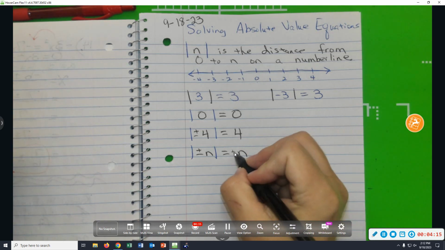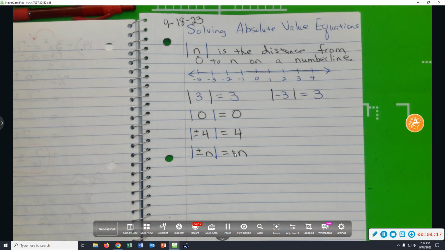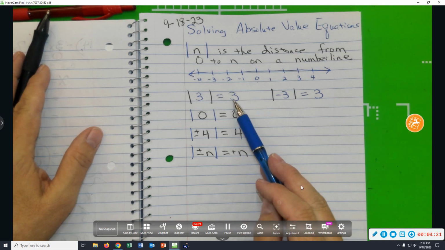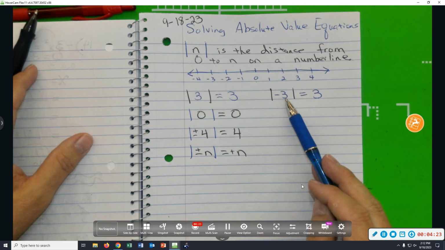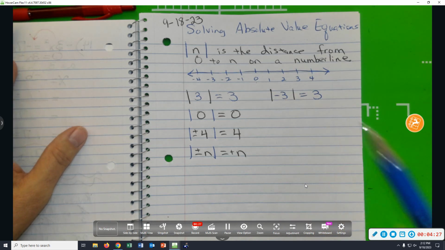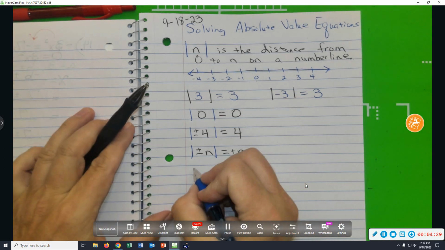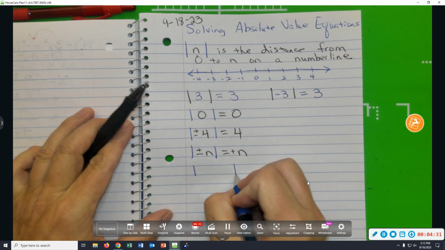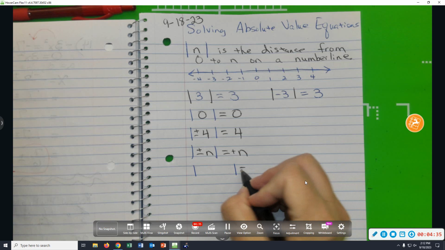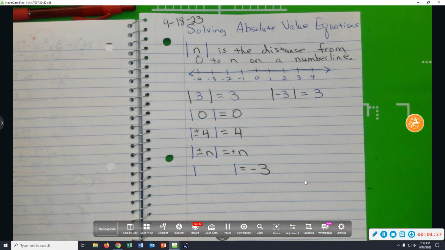Here's my question. If we take the absolute value of 3, we get a positive 3. If we take the absolute value of -3, we still get a positive 3. What can I put inside these absolute value bars so that I get an absolute value of -3?